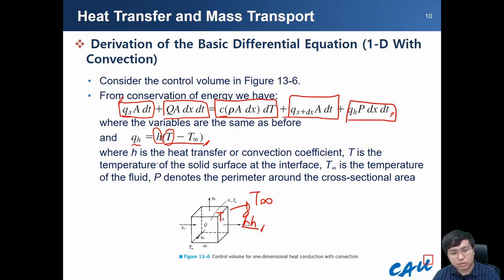So this is an unknown coefficient. Although we are going to apply this convection as a boundary condition, we do not yet know the boundary condition.